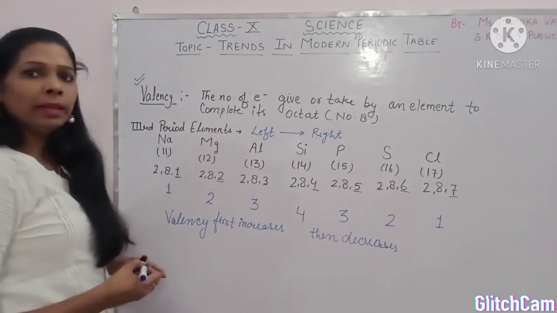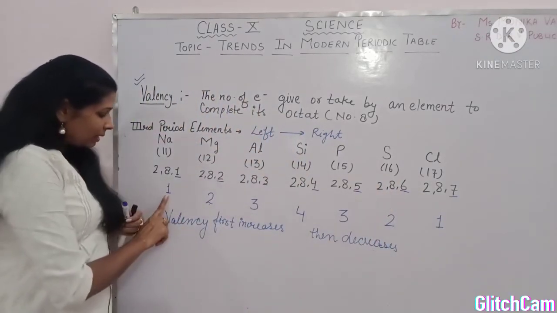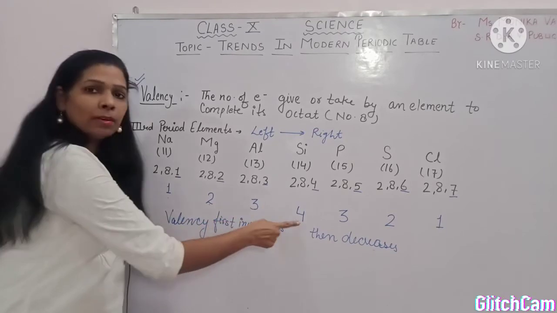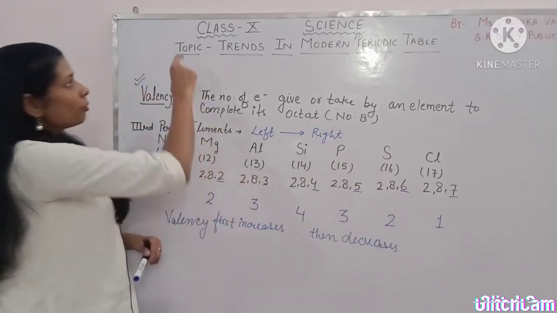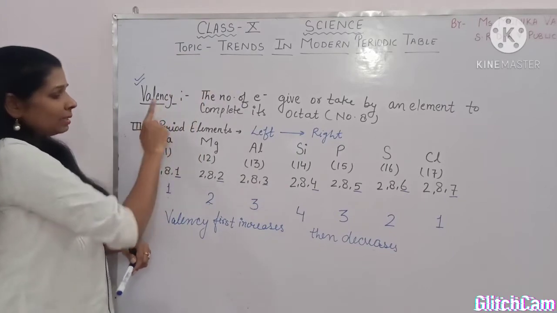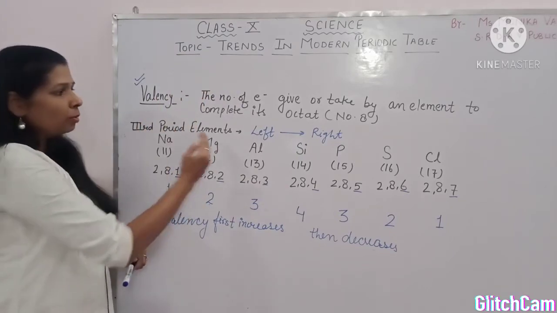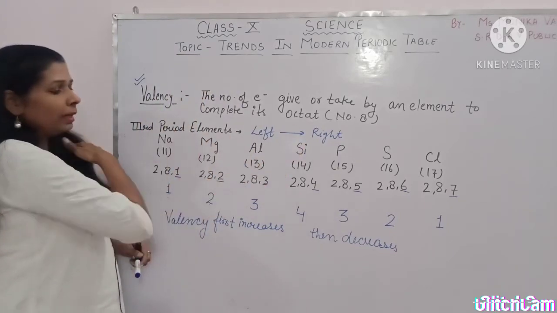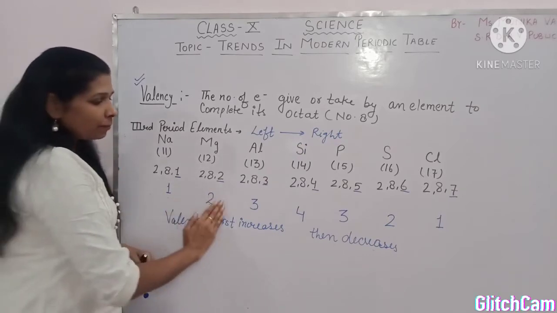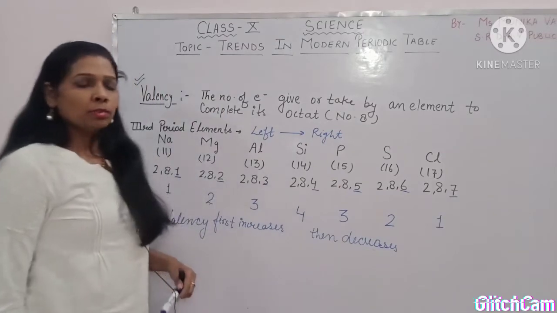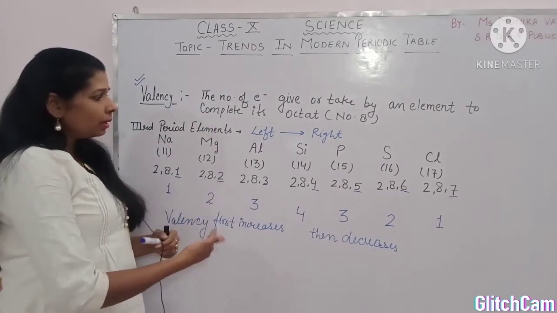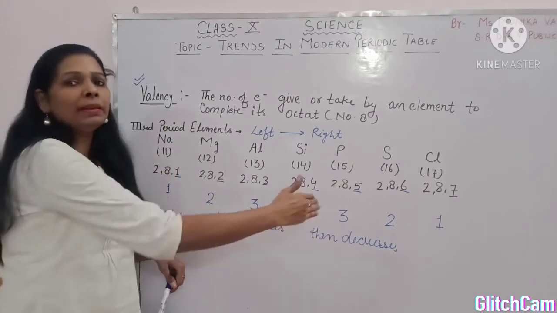First it increases: 1, then 2, then 3, then 4, and then decreases: 3, 2, 1. So what is the trend of valency in a period when we move from left to right? Valency first increases and then valency decreases. So this is the pattern in the period.